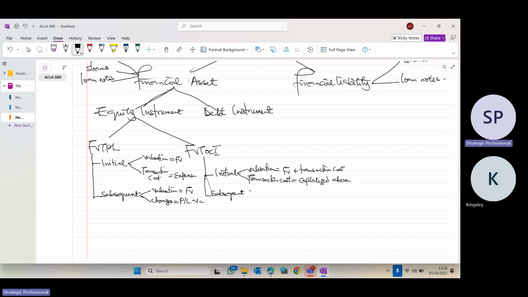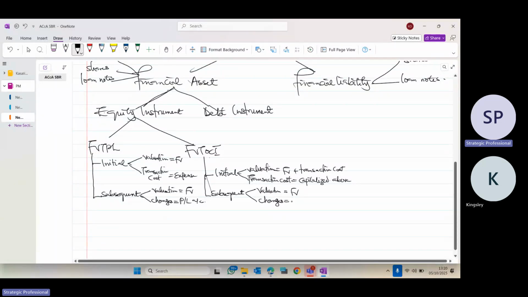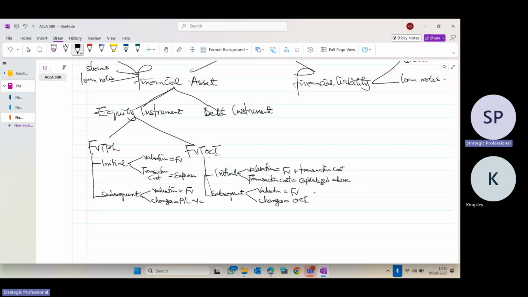So for the subsequent measurement, the valuation will be the fair value. Then any changes that occur in the instrument will go to our OCI. That is for the subsequent measurement, and these are equity instruments.